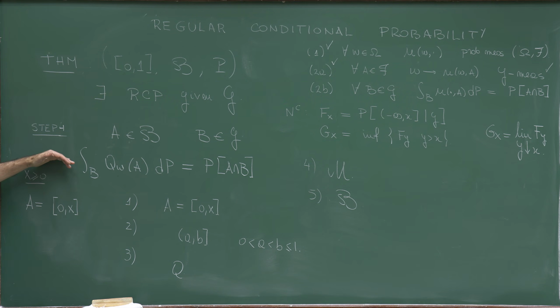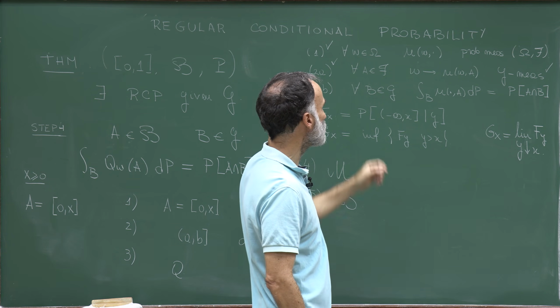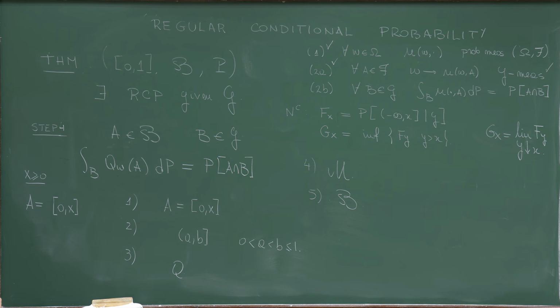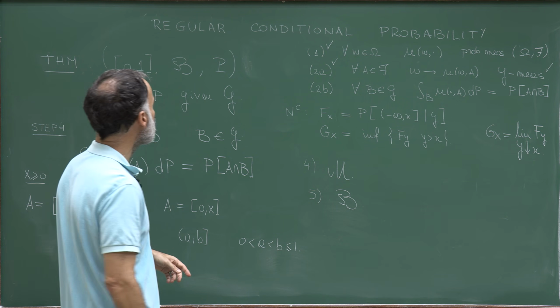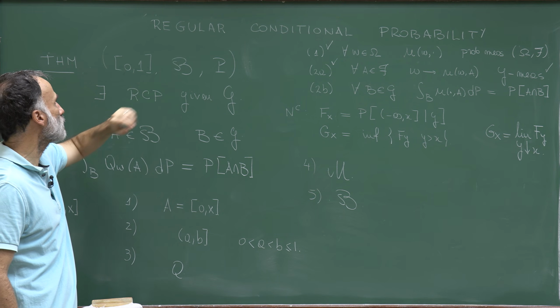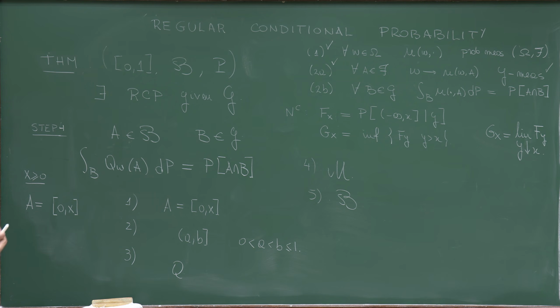So this proves that this identity is satisfied for all sets A in B, and this is exactly the property we needed, and therefore this completes the proof of the existence of a regular conditional probability given G, given a sub-sigma algebra G of the Borel sets when the set is [0,1]. So you see, the proof is quite elementary.